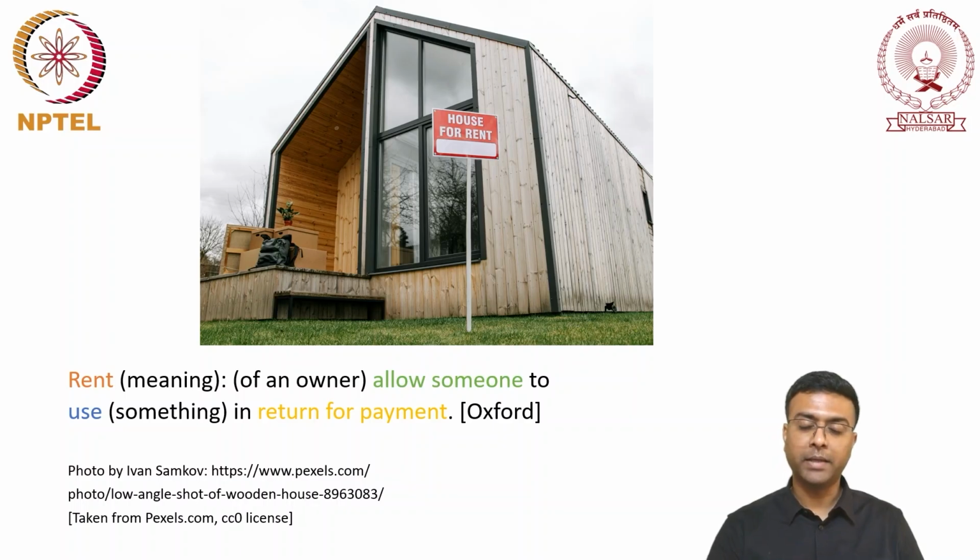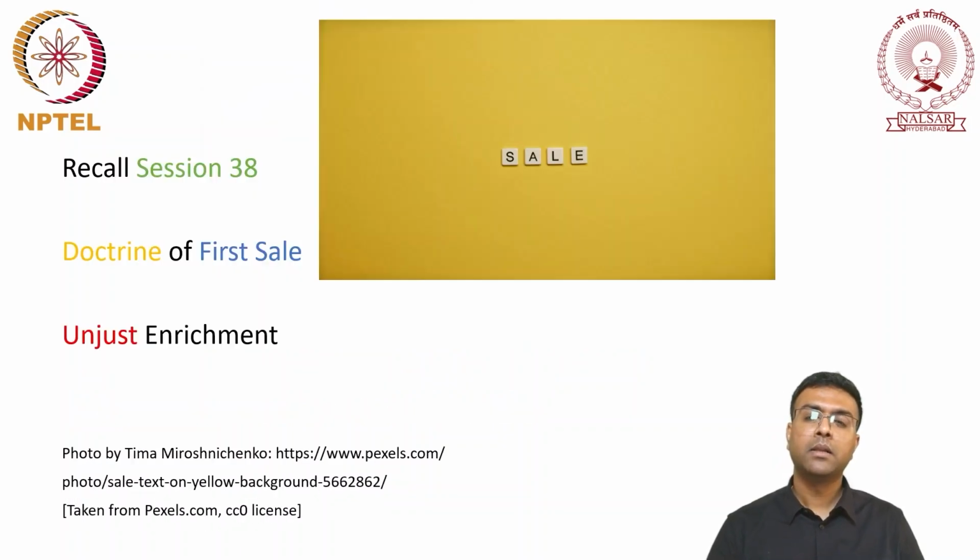But before we do that, let us revisit an earlier discussion that we had, which was on resale share right or resale royalty right. In this discussion, we had understood a doctrine of copyright law, which is the doctrine of first sale.